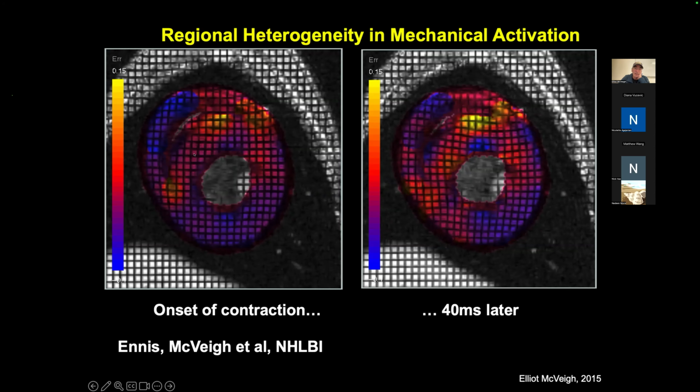So all I have to do is look at this box and say, what does that square turn into over here? It turns into some kind of trapezoid, and I calculate the strain inside there, and it gives me the strain in this direction. I have the strain in all directions actually, but it gives me a little tensor that tells me what the strain is in this direction. So I can measure circumferential shortening.